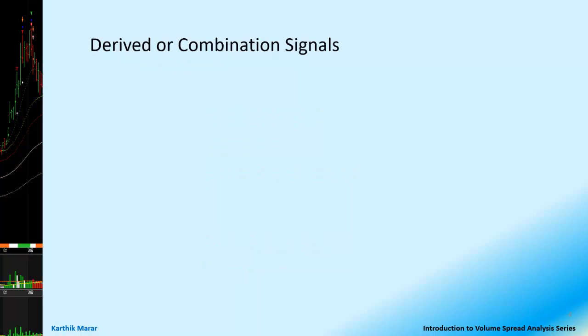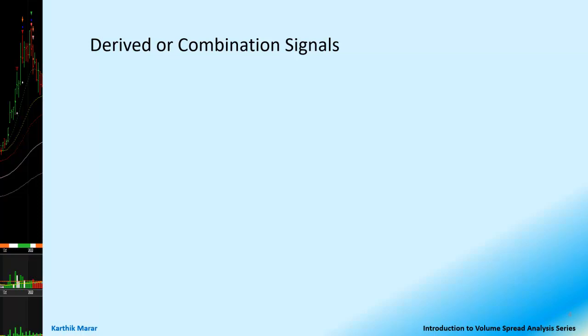So in addition to the standard VSA signs of strength and signs of weakness, I've tried to make more signals based on my experience or study, based on some derivation or the combination of signals, so that it is easier for people to understand the strength or weakness instead of trying to interpret it on their own.